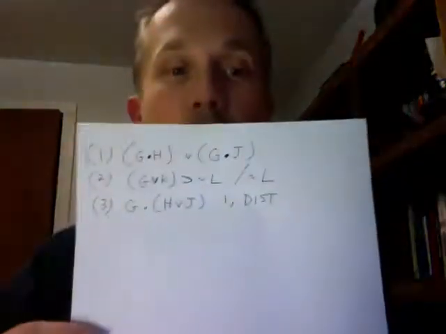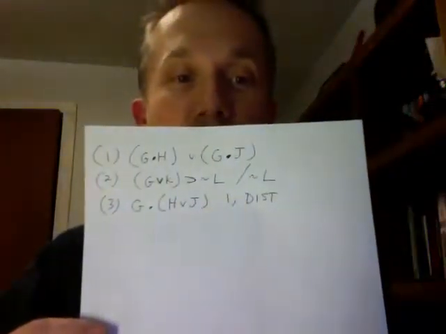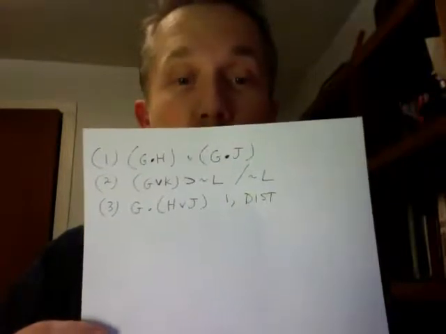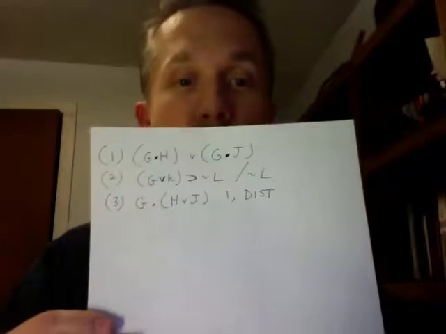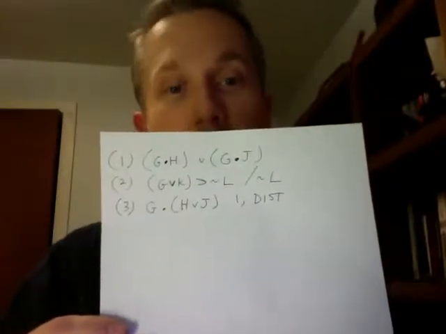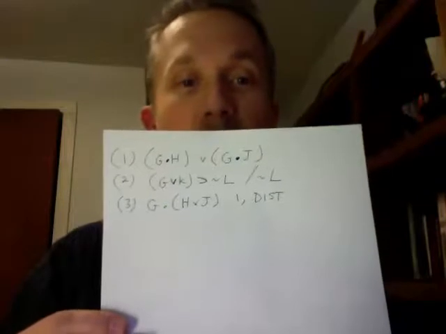Third line, G and H or J, line 1 had the rule distribution applied to it. So we just keep track of which line we've applied the rule to and which rule we've applied.